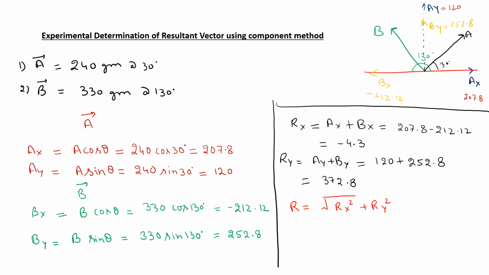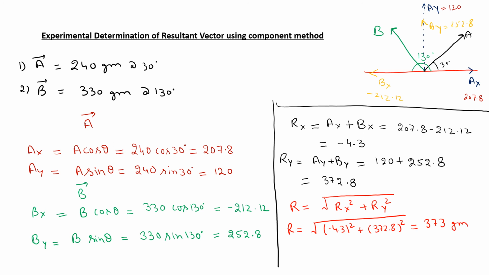If you have components of any vector, you can find the total vector from them. So R is going to be the square root of the square of negative 4.3 plus the square of 372.8, and that is equal to 373 grams approximately.